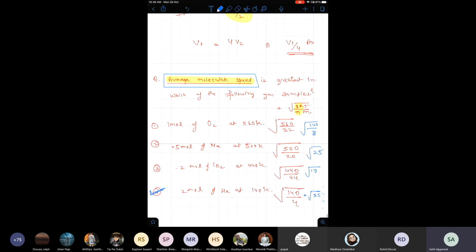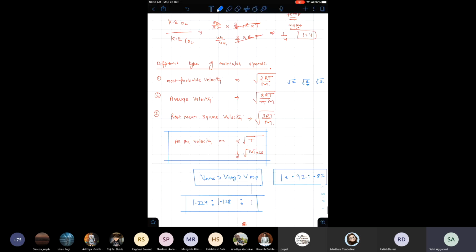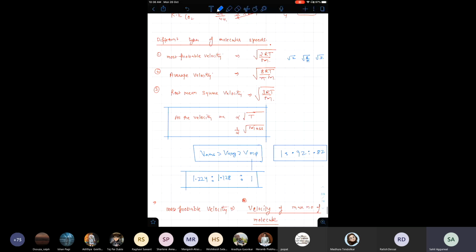Yes, sir. देखो ये आपकी एवरेज वेलोसिटी थी. This was the temperature. This was the molecular mass. And these two things are constant. 8R by pi, ये तो constant है, right?